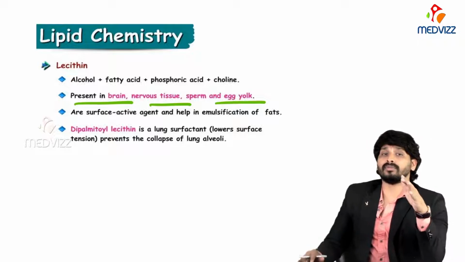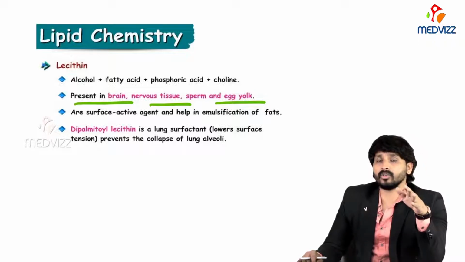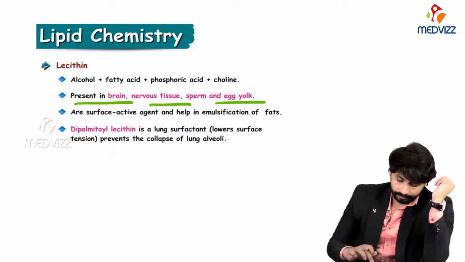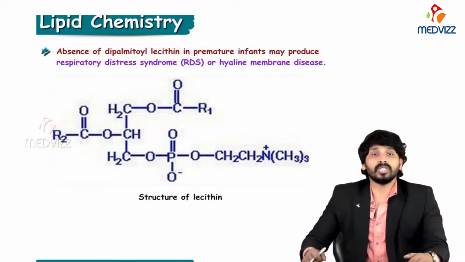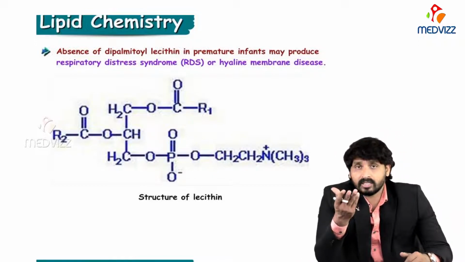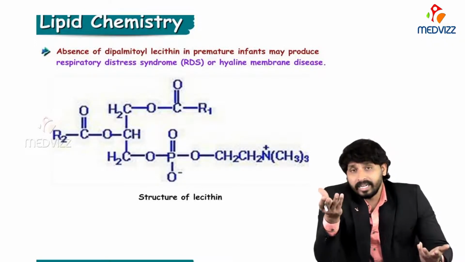Because of the lack of dipalmityl lecithin, there is a serious disorder, respiratory distress syndrome in children, especially in infants. We'll discuss it as a separate topic. Absence of dipalmityl lecithin in premature infants may produce respiratory distress syndrome or hyaline membrane disease.